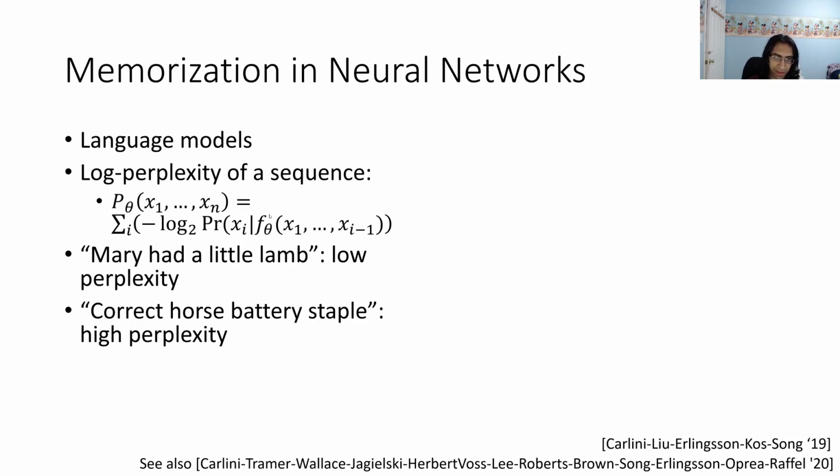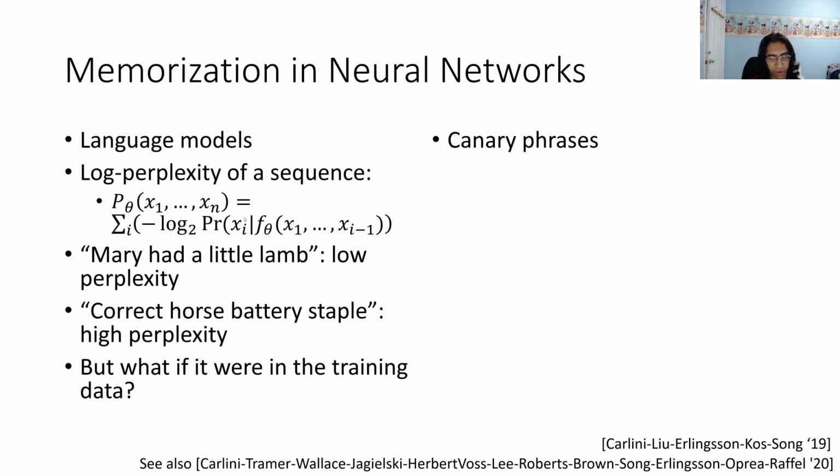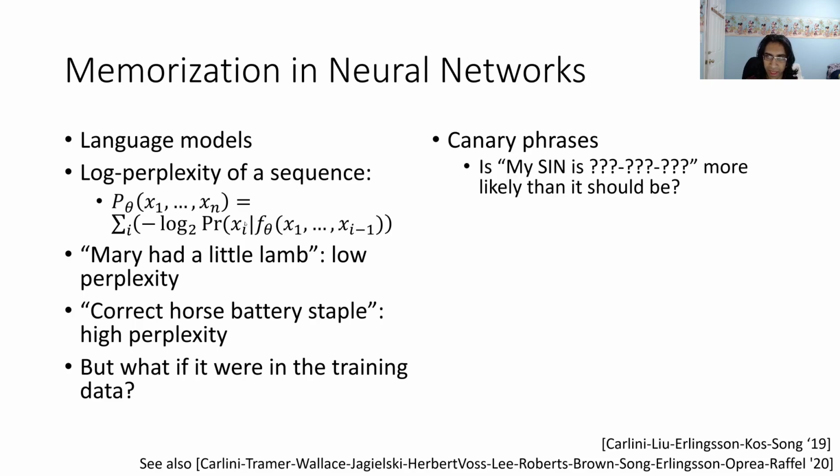Well, one way to test this is by putting what are known as canary phrases into the training data set. For example, suppose there's something sensitive in the data set, like my SIN number, my social insurance number.